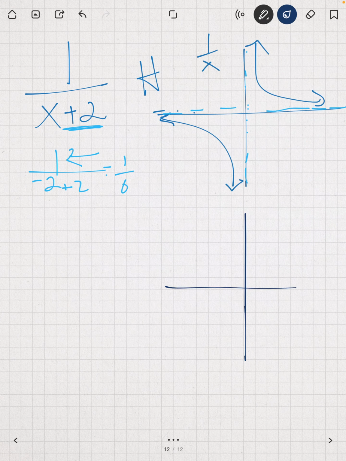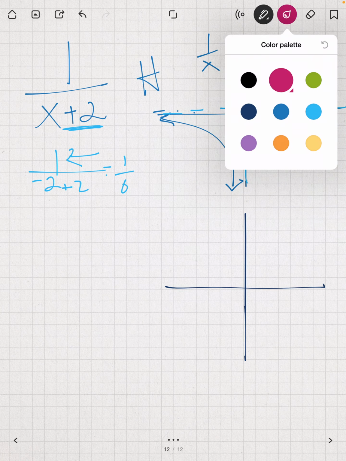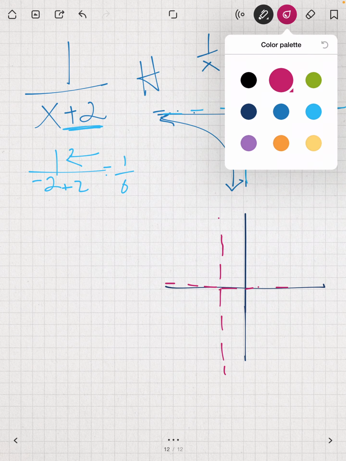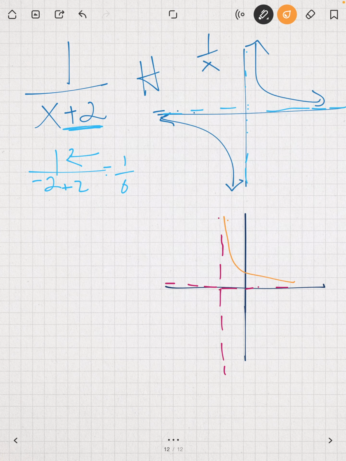I draw my coordinate grid. And we'll go ahead and translate our asymptotes, because that's helpful to help me draw it. And it might be worthwhile to calculate what it is at 0. 1 over (0 plus 2) is a half.